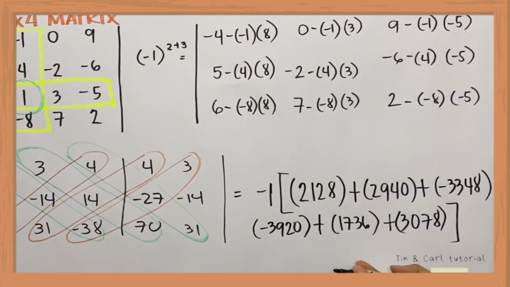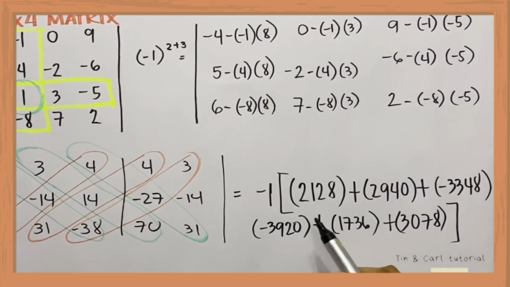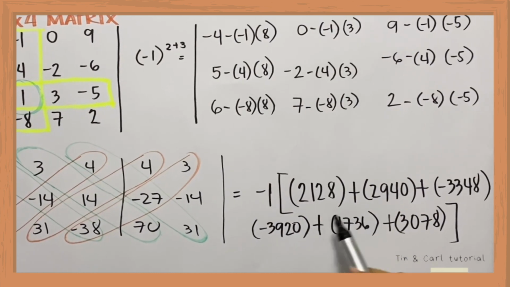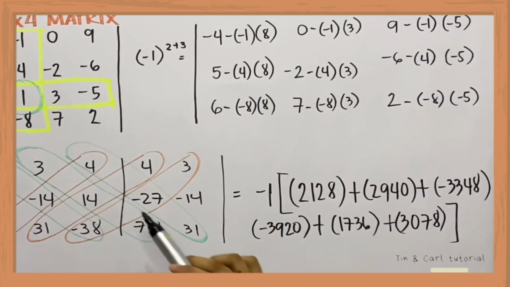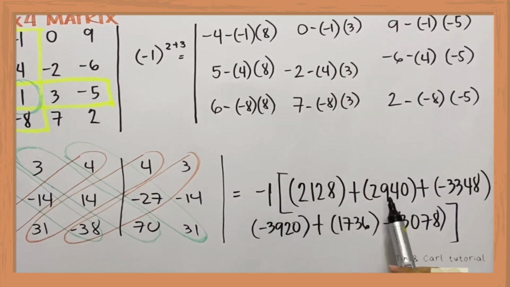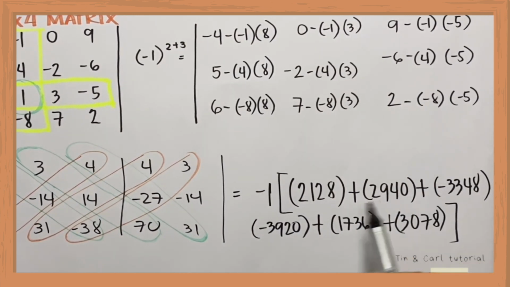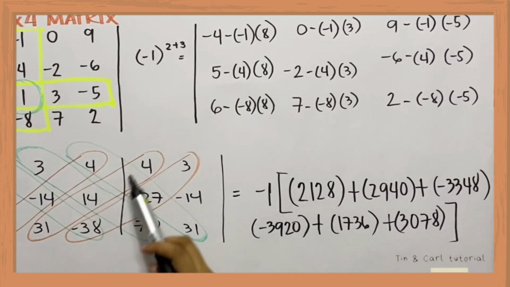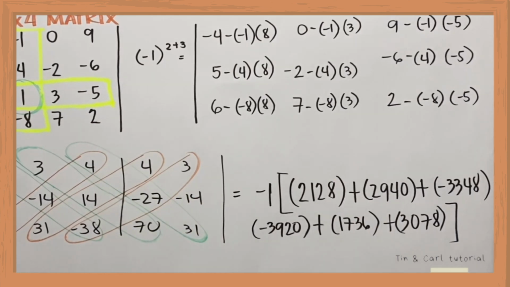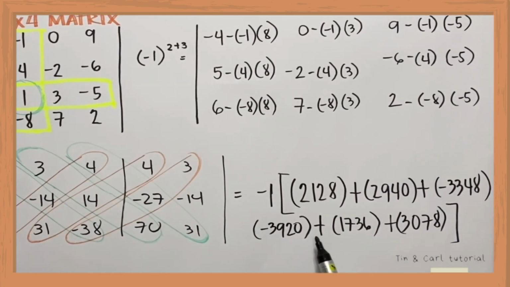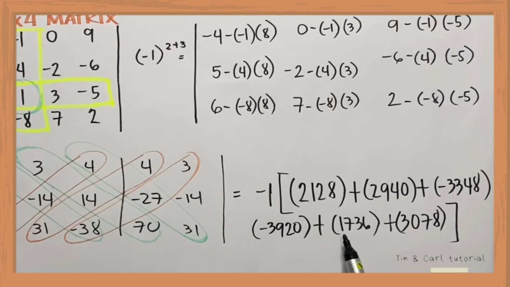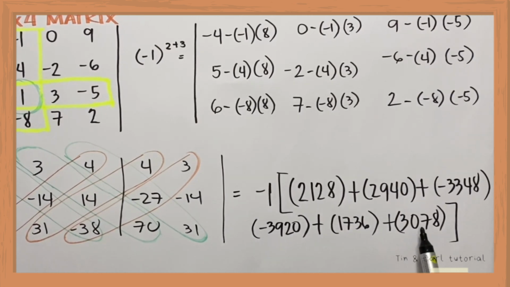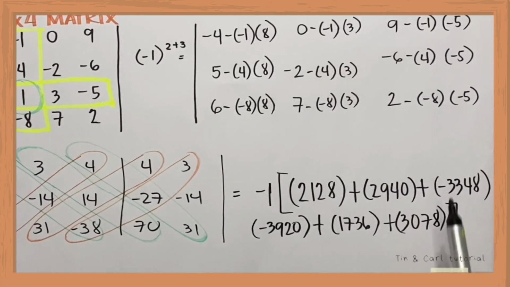So, ayan, na-compute na natin. So, meron tayong 2,128 for this part. And for the second part naman, we have 2,940. And for the last blue-green highlight, we have negative 3,348 minus the orange highlighted part. So we have negative 3,920, positive 736, and positive 3,078.